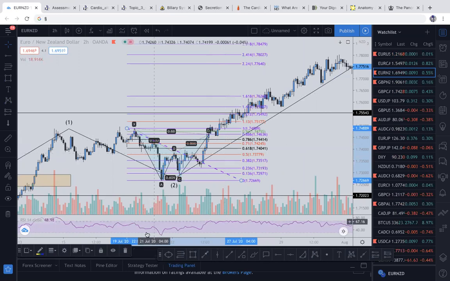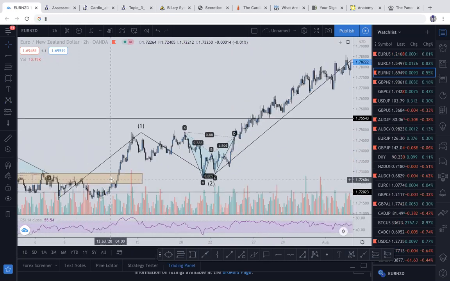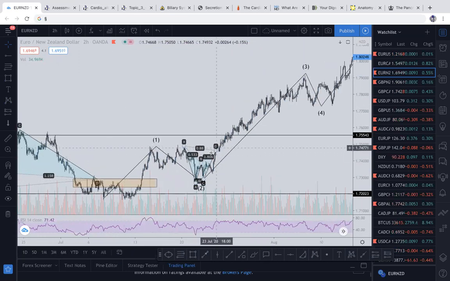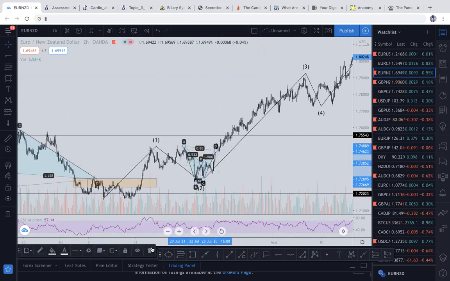But look at the way price hit 88.6, and it went through it like magic. So anybody who was trying to trade this pattern, this was your end. Your account is completely gone. You're trading it in a wrong wave.